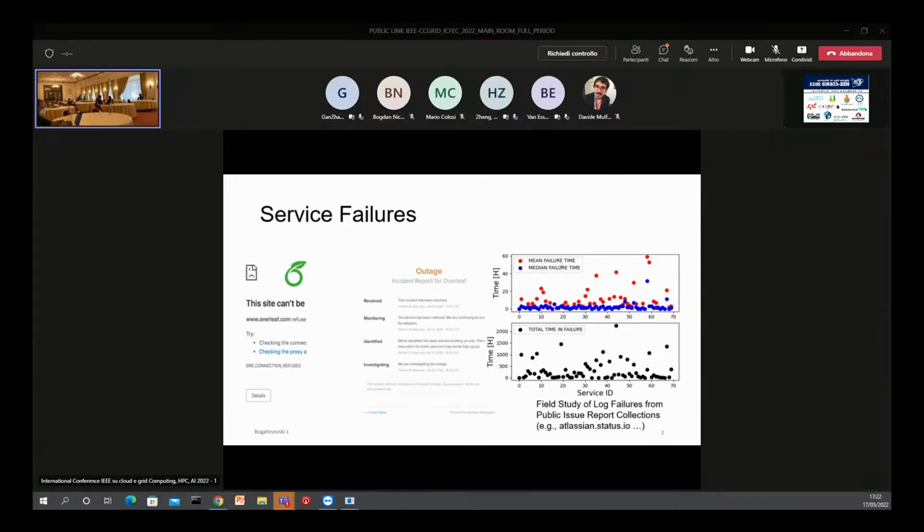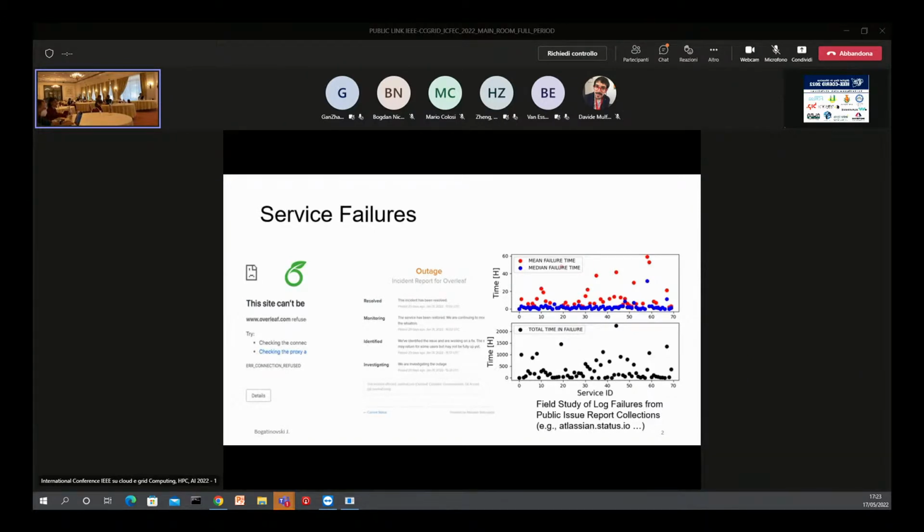I continued collecting more. I found more status pages, and I calculated the mean and median failure time based on those reports. This is the summary of a total of 69 services, where you can see that the mean and median time for failure is relatively high.